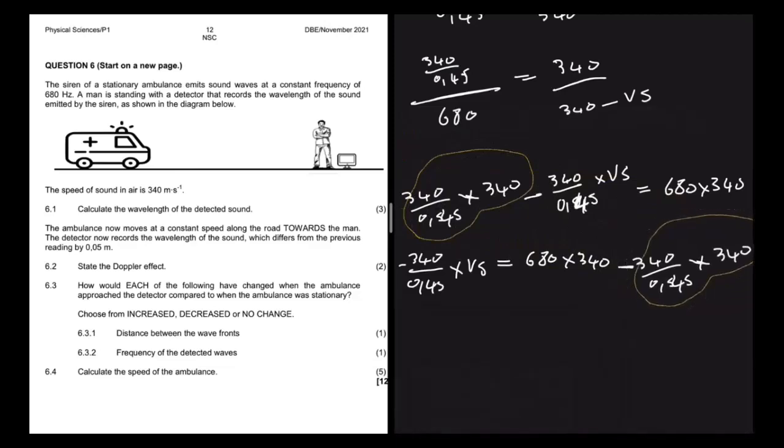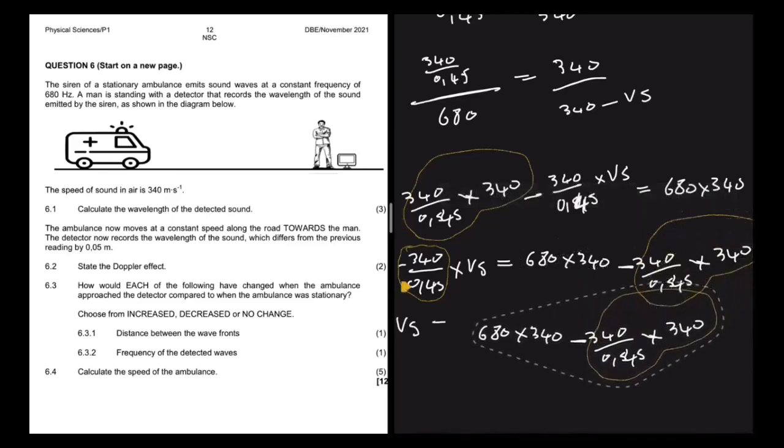So after that, I'm gonna divide both sides by minus 340 divided by 0.45, right? So that I can isolate Vs. So I'm gonna get Vs equals, let me copy this expression here. So I'm gonna copy that expression and then I'm gonna duplicate it.